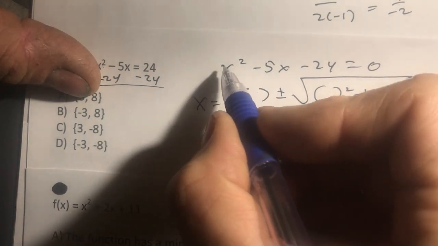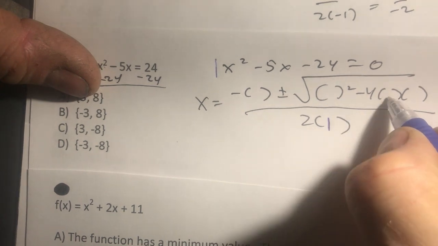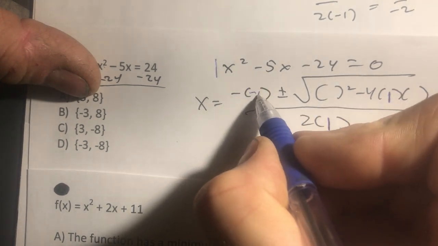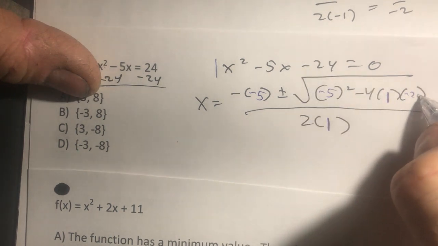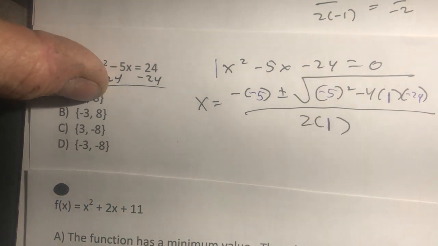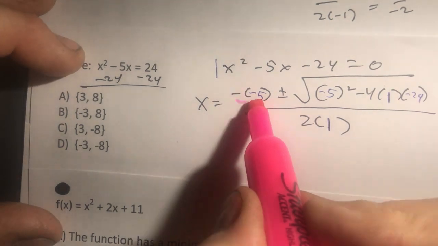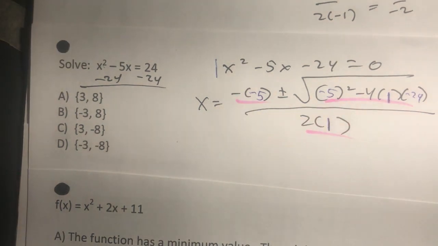All right, so my a is 1. It goes here and here. My b is negative 5. Negative 5 in there, negative 5 in there. And my c is negative 24. It goes there.